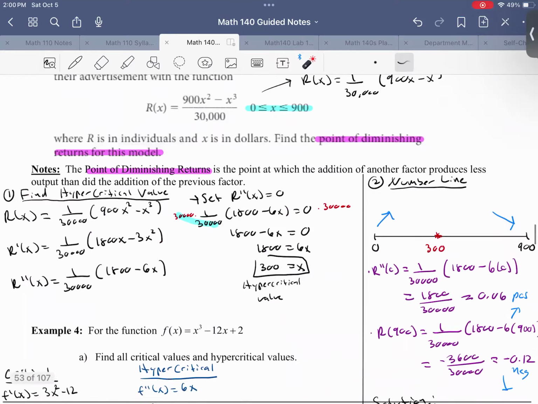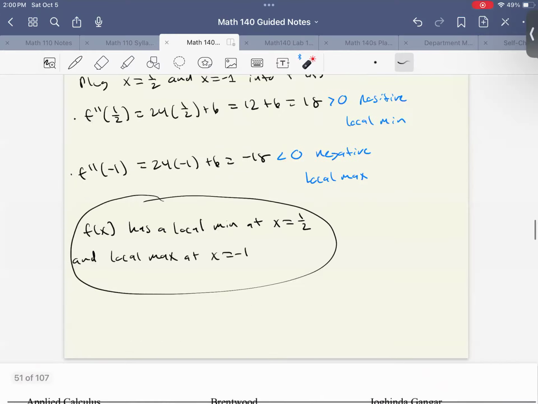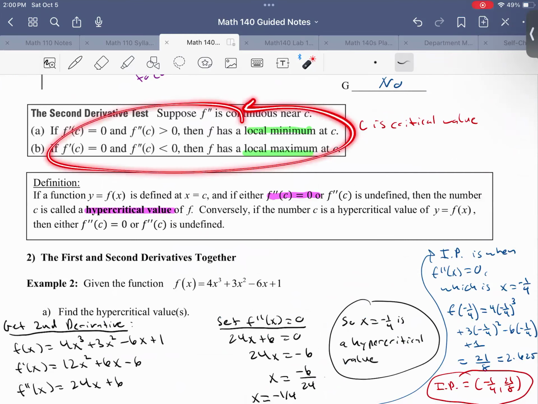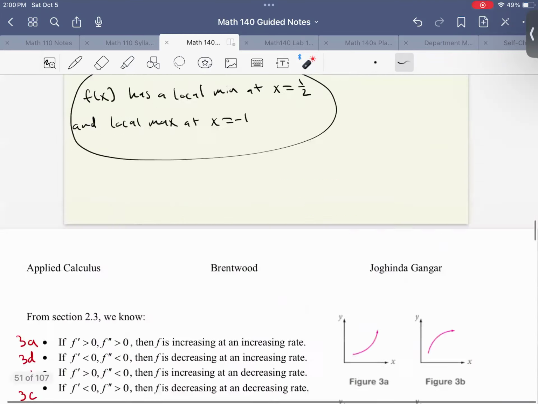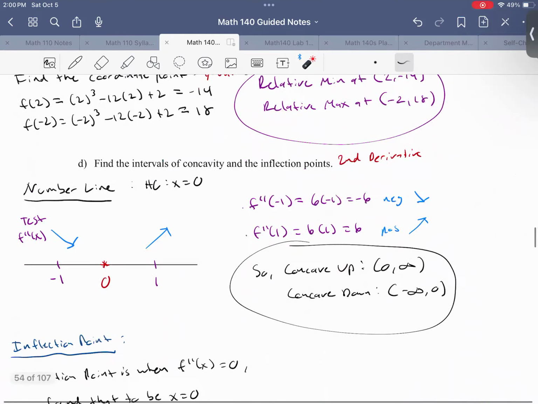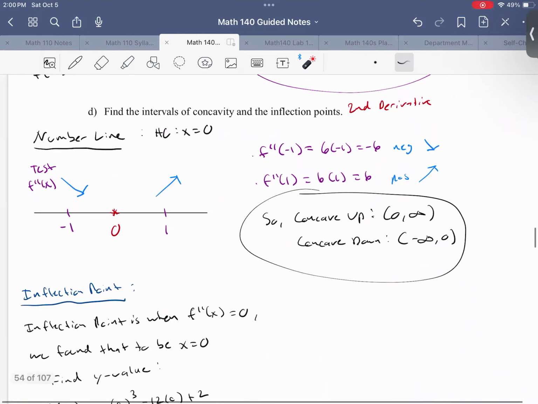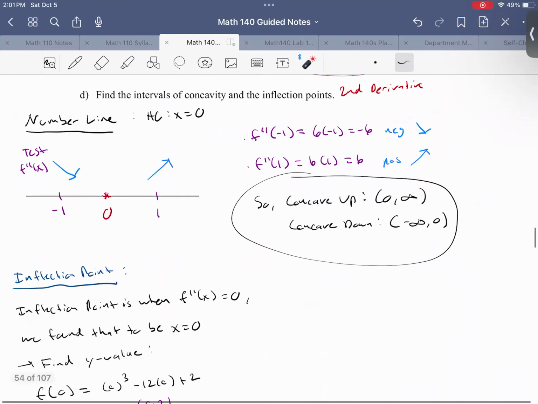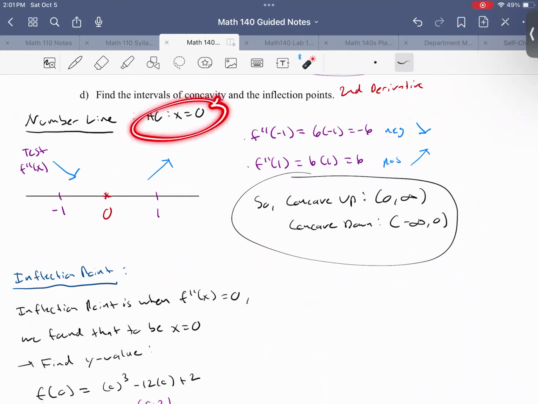Once again, you could have just done a second derivative test up here, right? But we already had a number line using our first derivative test, so we didn't really need to do that. Okay, so last one is find the intervals of concavity and inflection points. So intervals of concavity, that is second derivative. So same thing, you got to do a number line. Luckily, we only have one hypercritical value, which is x equals 0. So then we just pick points around it. So I picked -1 and 1.